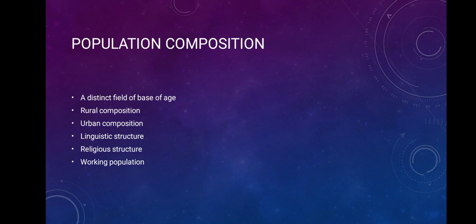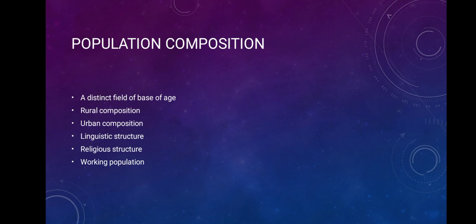Rural composition is an indicator of some socio-economic characteristics. 68.8% of the population of India lives in rural areas. According to the census, 6,40,867 villages are in India, and in most parts of India, 93.2% of people live in rural areas.